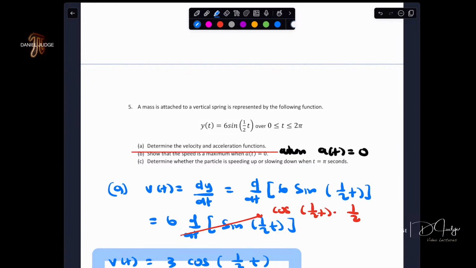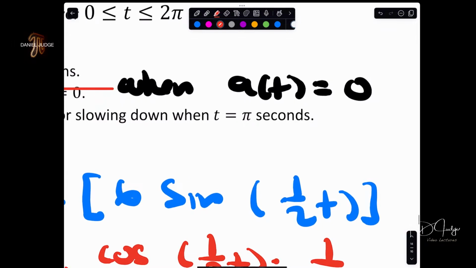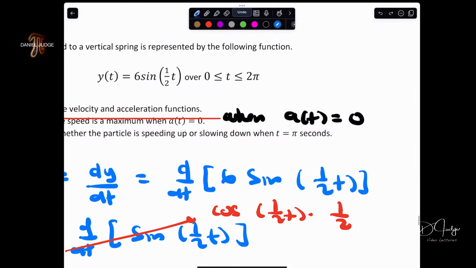Determine whether the particle is speeding up or slowing down when t is pi seconds. Okay, so the speeding up, slowing down. So at this point, you guys may remember, all we got to do is check the signs for v of pi and a of pi, right? Because that's your time t.